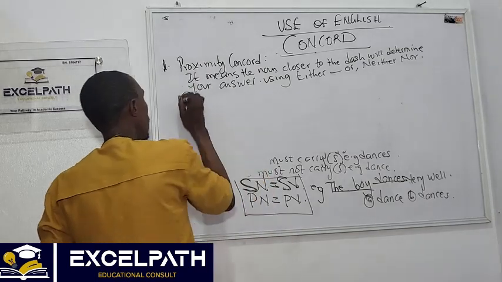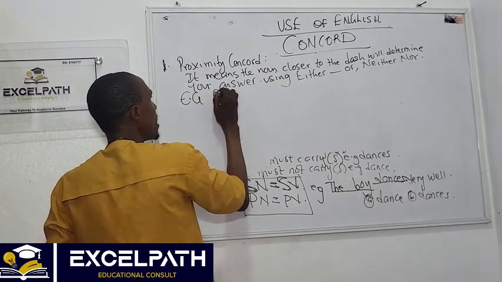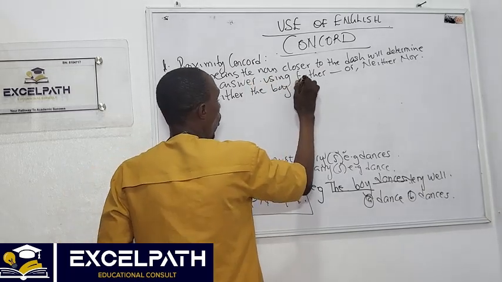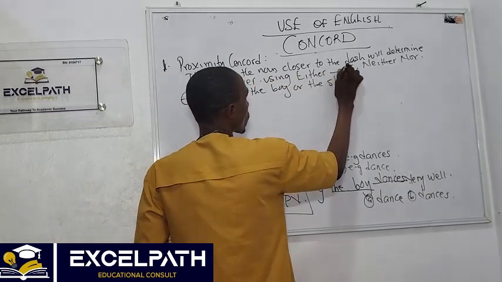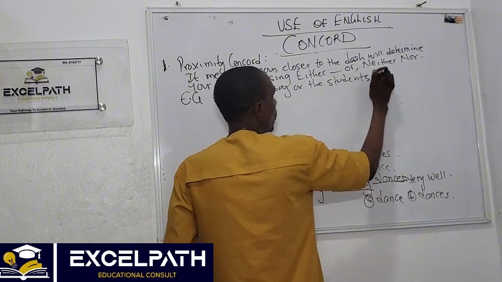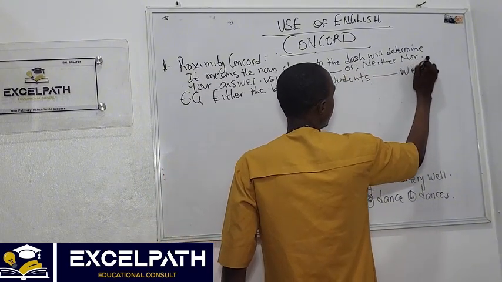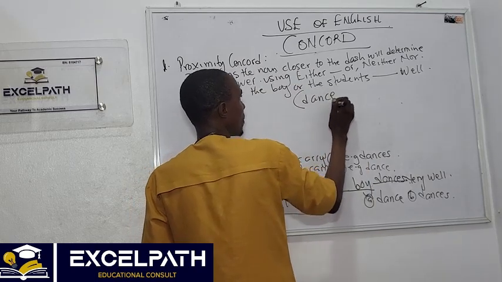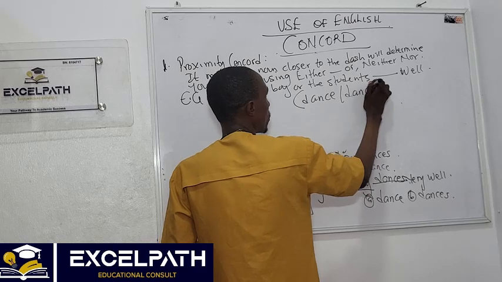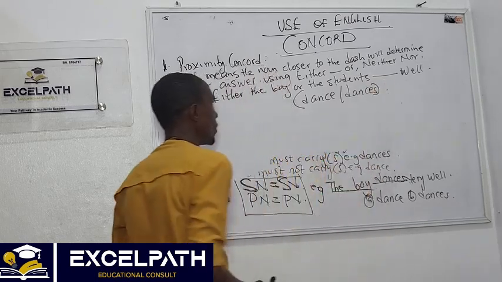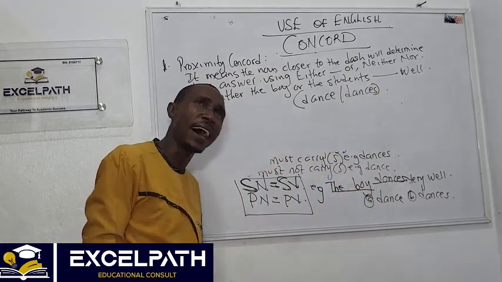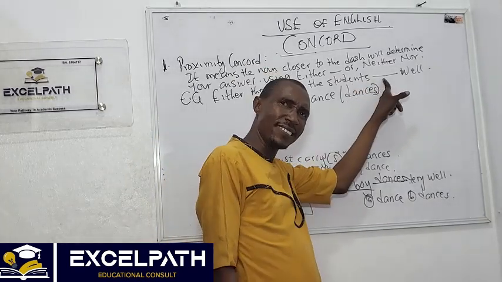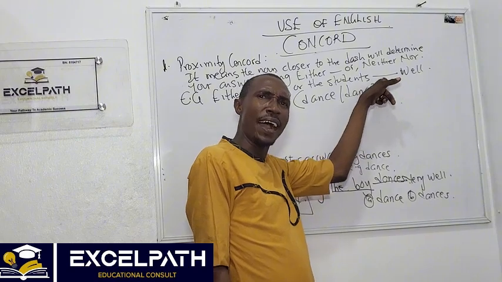Take for instance, you see a question like this: either the boy or the students dash well. And they give you options, dance and dances. This principle states that the noun closer to the dash is what will determine your answer.